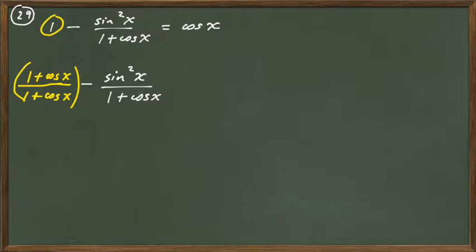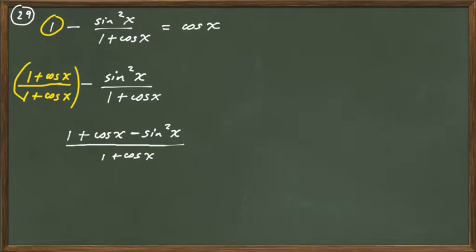So what do I now have in the numerator? I have 1 plus cosine minus sine squared, and this is all divided by 1 plus cosine. Again, if you're really bad in algebra, you might make some mistakes, but this is subtracted. You can't cancel it. It's not multiplied on top.